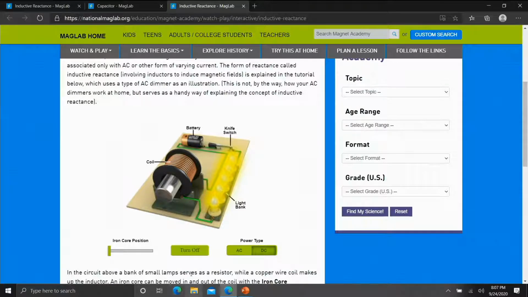So we'll turn it off and swap our power source over to alternating current, and we'll turn it on again. Now we will adjust the inductance. Now we have some constant frequency, so frequency exists, and we'll vary the inductance.